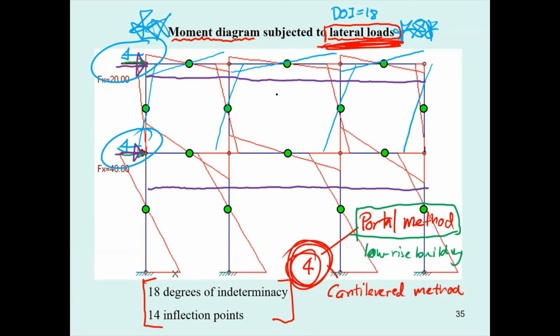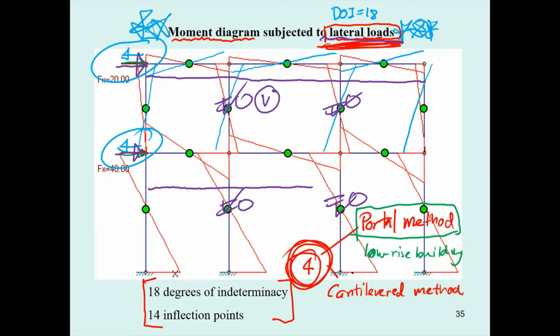The shear forces for the beams in one story are equal. And what happens when the shear is equal? The axial force due to the lateral load in the interior columns is going to be 0. If that occurs, you get 4 more assumptions.